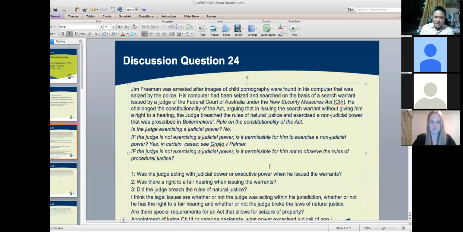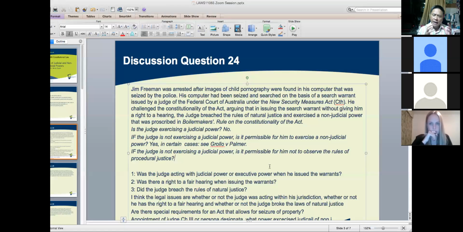Okay, so in this instance, we have a judge who is part of a non-Chapter 3 court or part of a tribunal which belongs to the executive. So obviously the judge is exercising non-judicial functions. There is no requirement that administrative tribunals or non-Chapter 3 courts observe the rules of natural justice. There is no constitutional requirement, there is no legal requirement, except if the legislation which created the tribunal specifically or implicitly provides that the rules of natural justice must be observed.